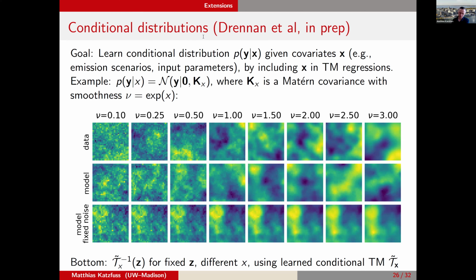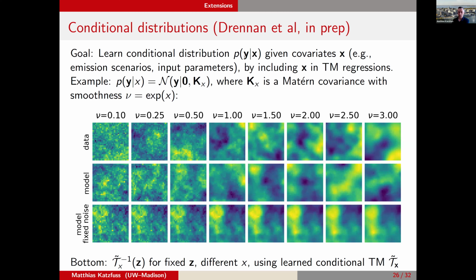So here's an extension that we're currently working on, where we're trying to learn conditional distributions. So we have this spatial field Y, say, and now we assume we have some covariates, or they could be parameters of the climate model, or emission scenarios in the climate model case.